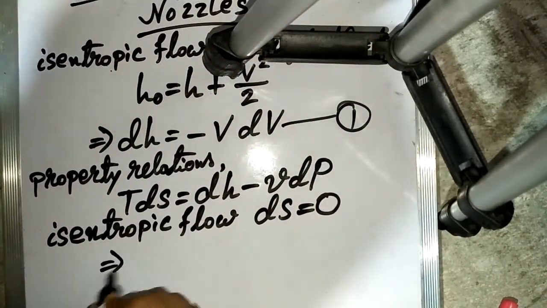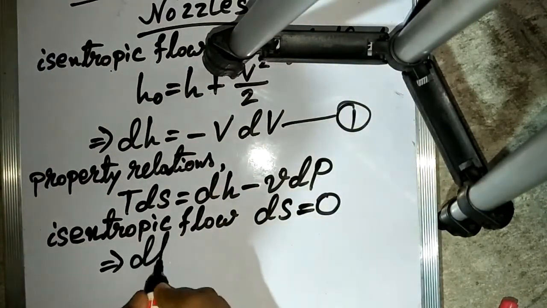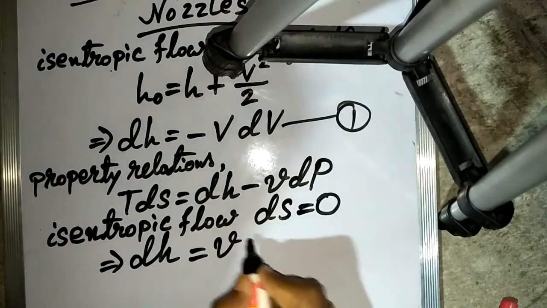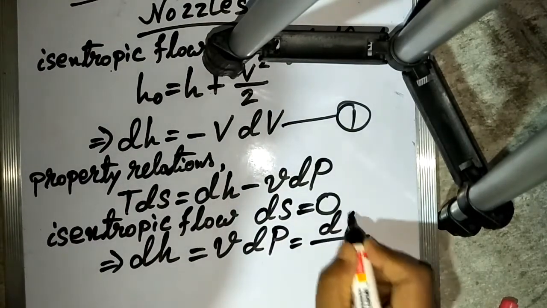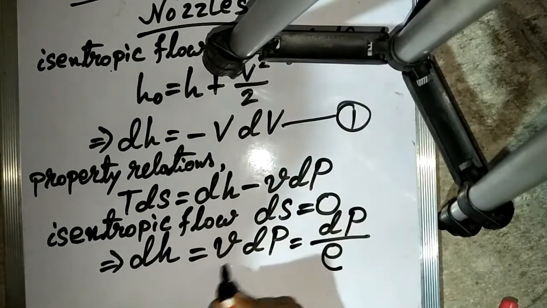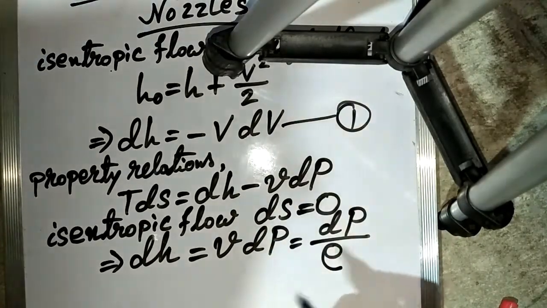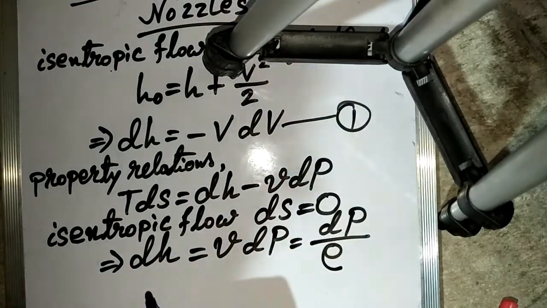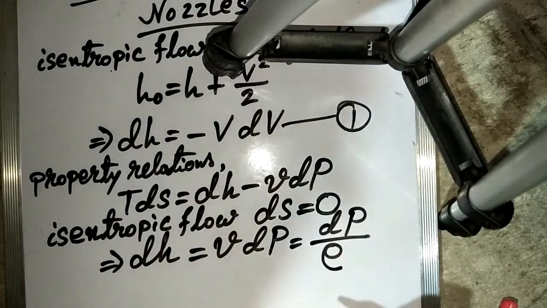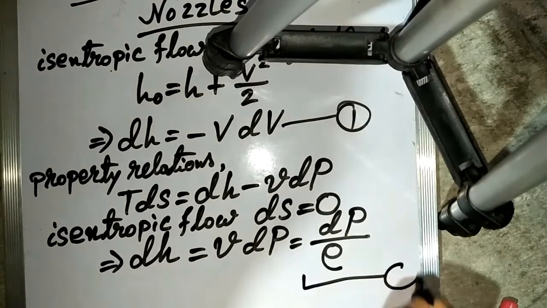So we can write dH equals v dP. Since specific volume is the reciprocal of density, we can write dH equals dP by rho. This is equation number 2.